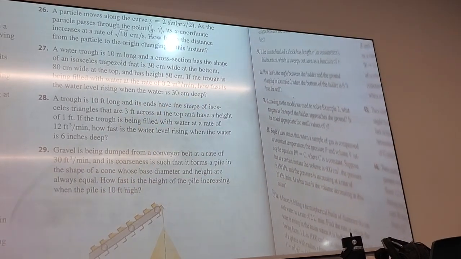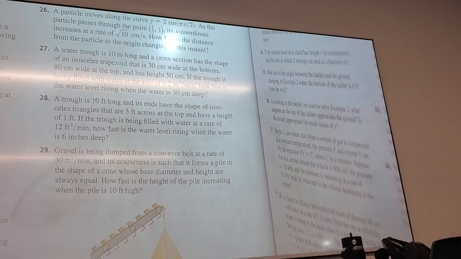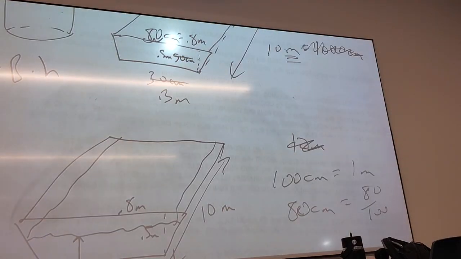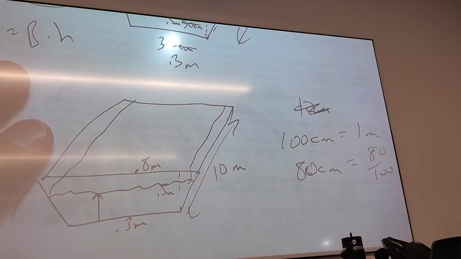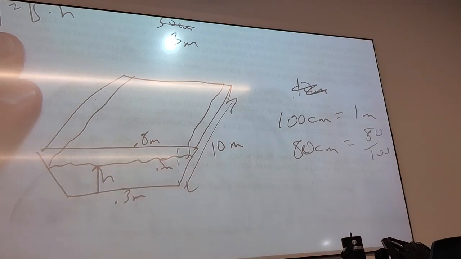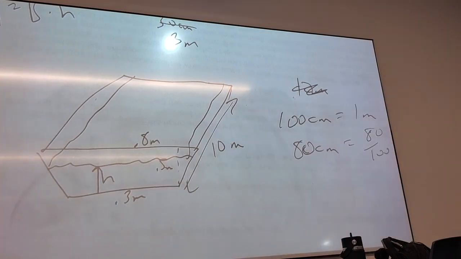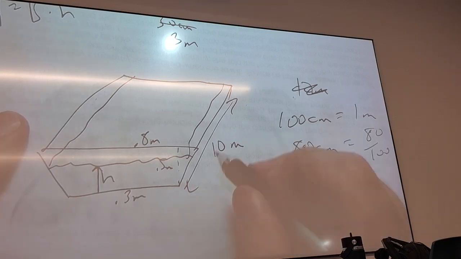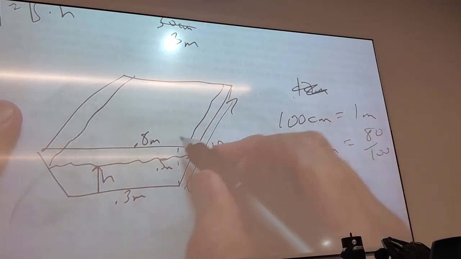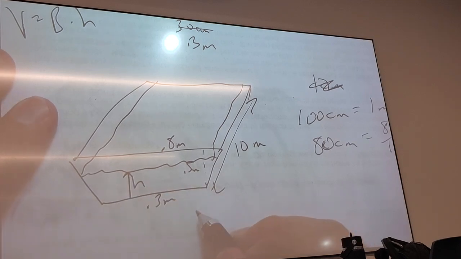That's the snapshot. That's not what it always is, correct? So the water at some point is H. Does this ever change? No. The whole thing is 10 meters long, so thank God something stays the same. And what's the one other thing I don't know?